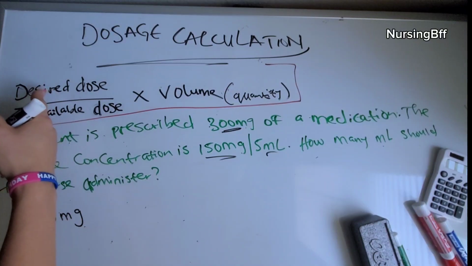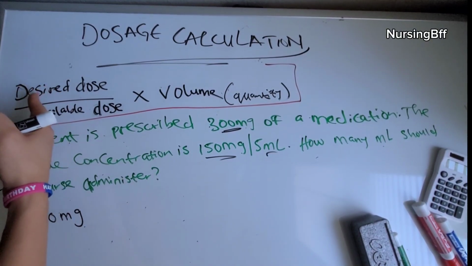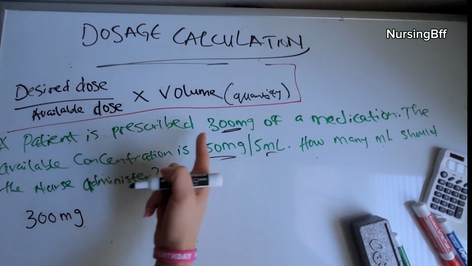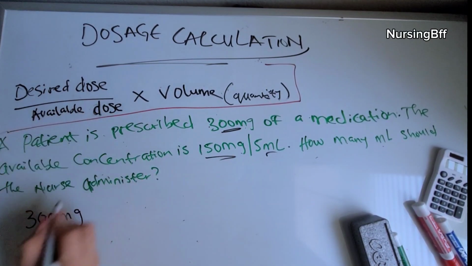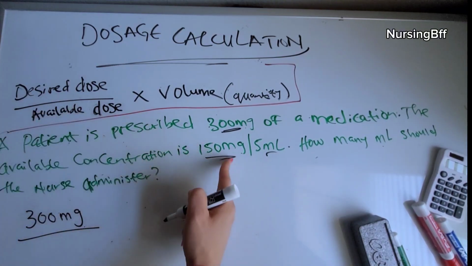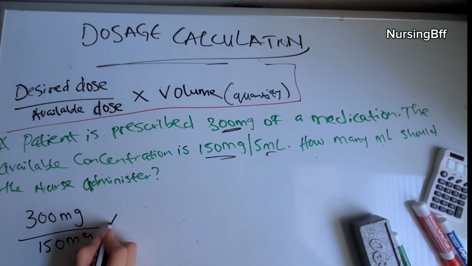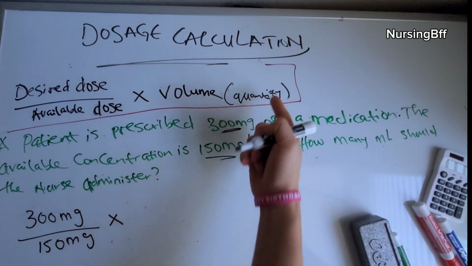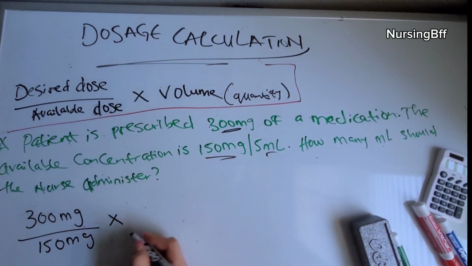This is the desired dose, what you want, the nurse, the prescribed medication dose, over available. Available is what you already got, 150, multiplied by the volume, the quantity, so 5 ml.